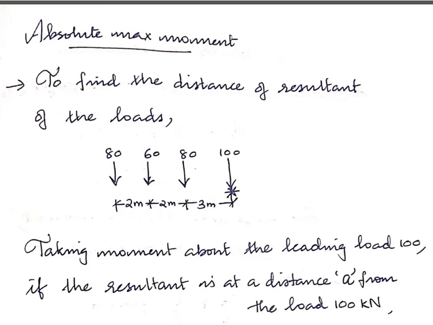Okay, so first of all we need to find the distance of resultant of all the loads. We are going to find where the resultant of all these loads are acting in this train of concentrated loads, from either left side or right side.